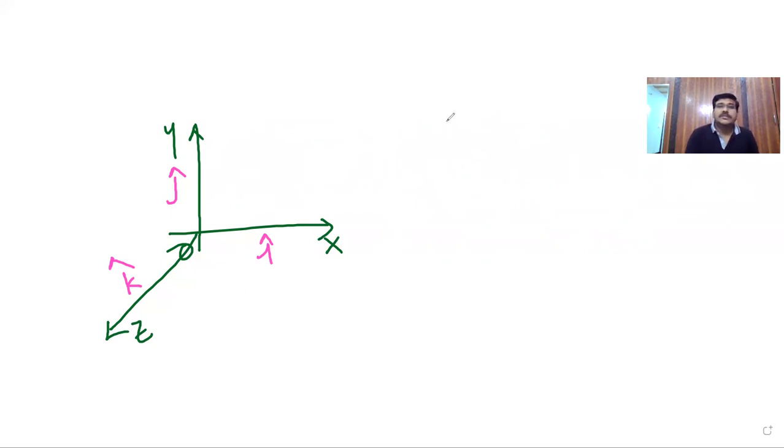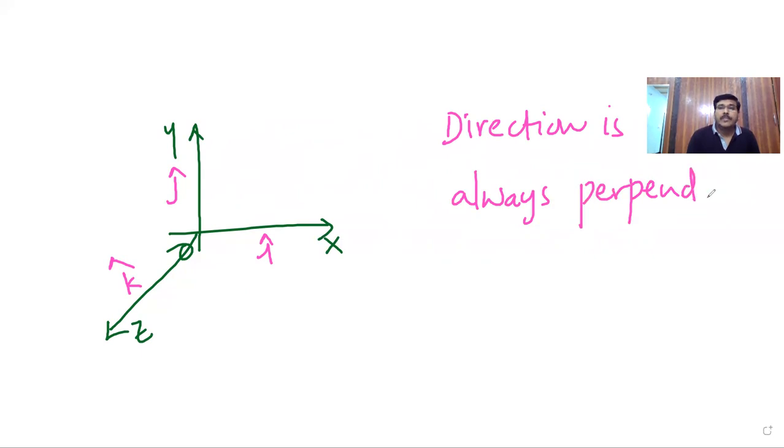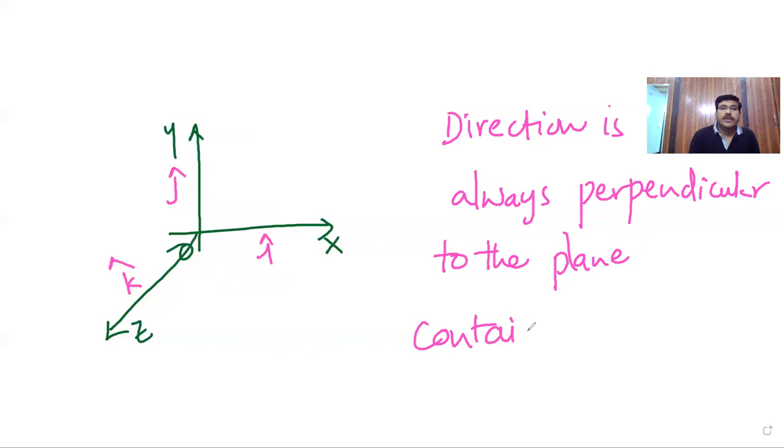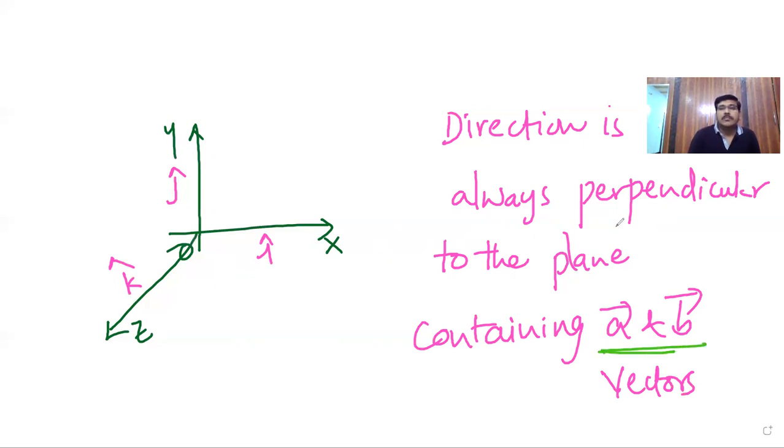The direction is always perpendicular to the plane containing the A bar and B bar vectors.